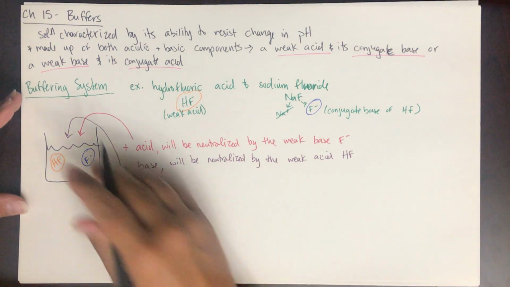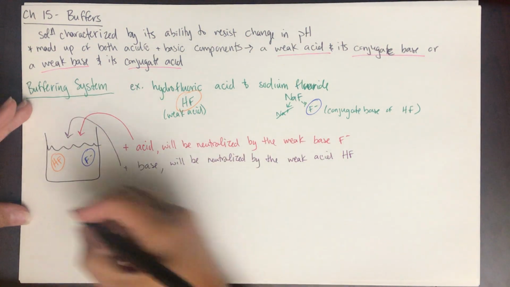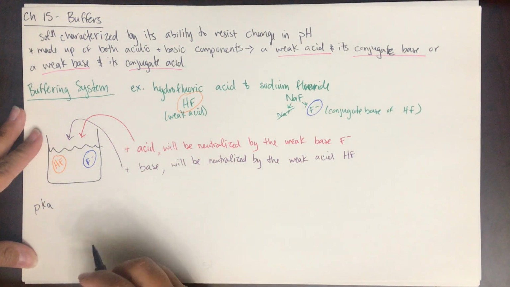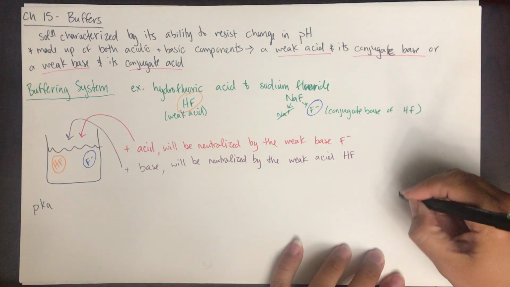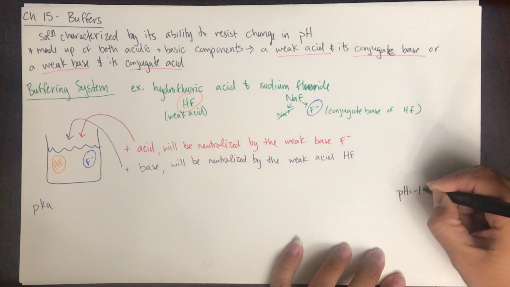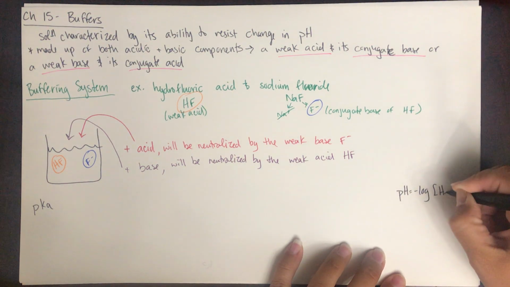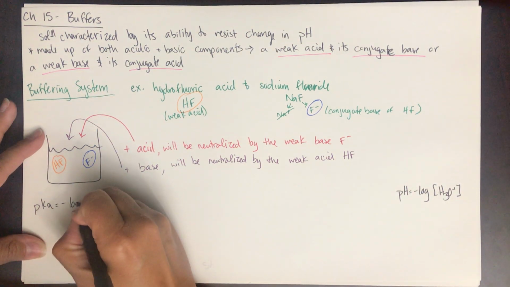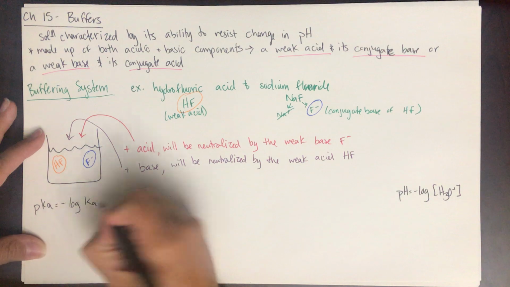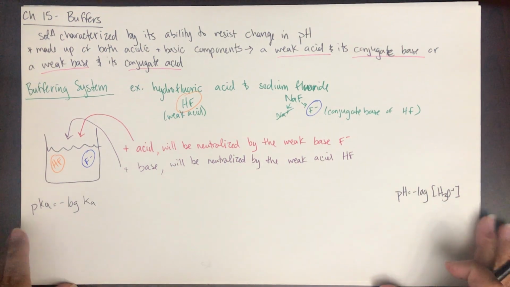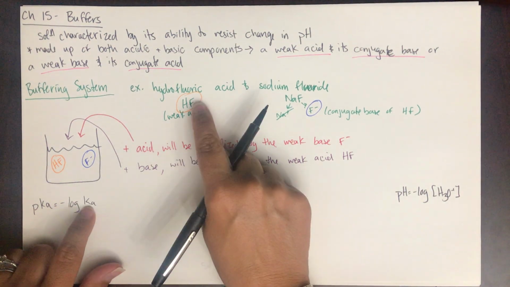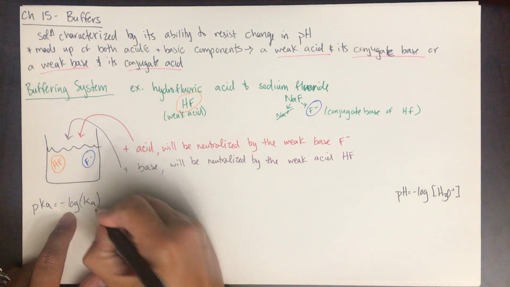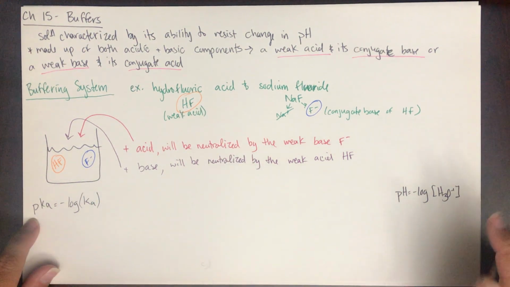So usually a buffering system has what's called a pKa. Just like the pH is the negative log of the hydronium ion concentration, the pKa is the negative log of the Ka. So in this case you would take the negative log of the Ka of hydrofluoric acid, and that would give you the pKa.